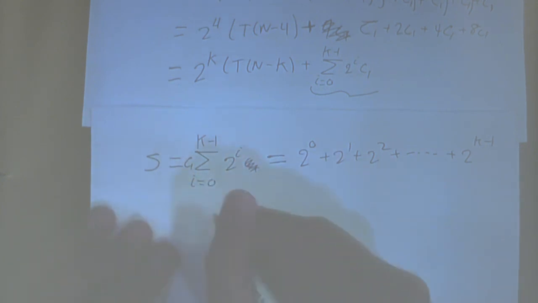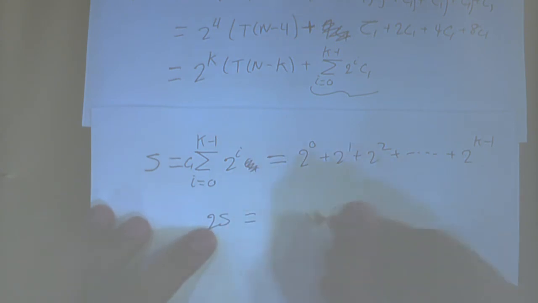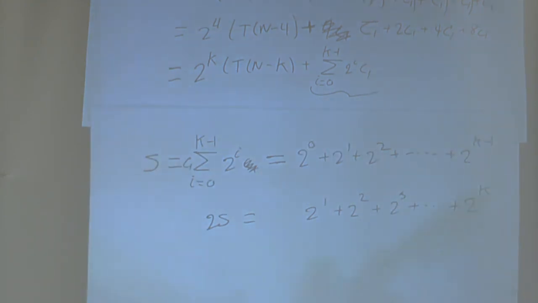So 2 times S is going to look like 2 to the first plus 2 to the second, plus 2 to the third, all the way to 2 to the k. So this is for S, this is for 2S.